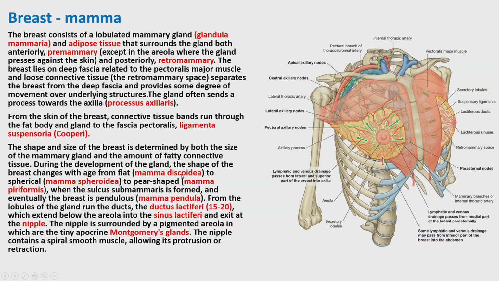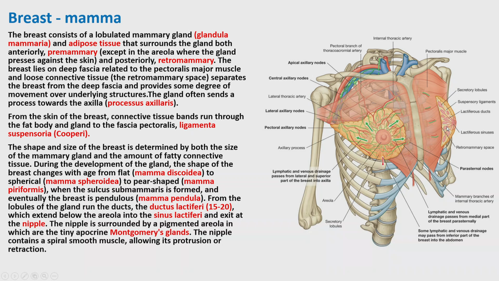If it is spherical, it's called spheroid mamma or breast, and if it's pear shaped, it's called piriformis. And in older age, the breast under makes a groove, the submammary groove, so it's called mamma pendula.